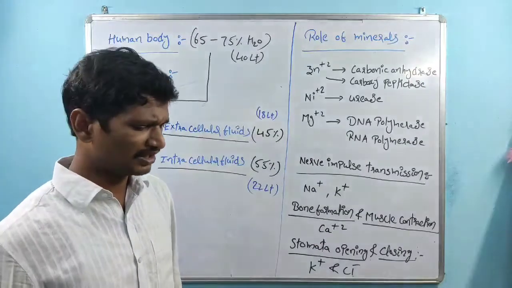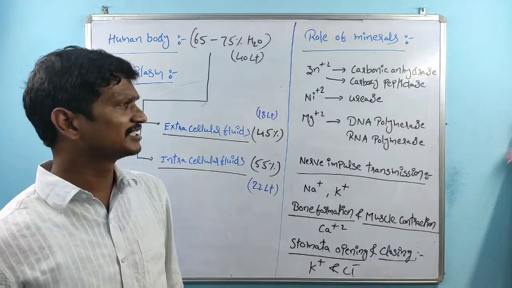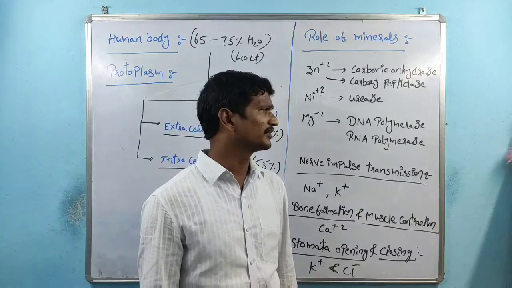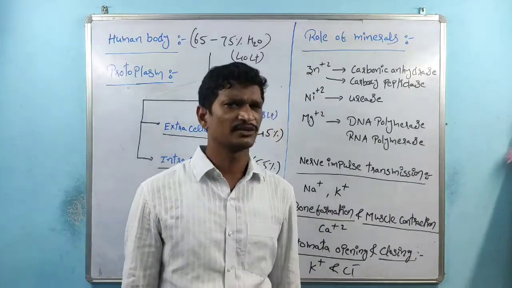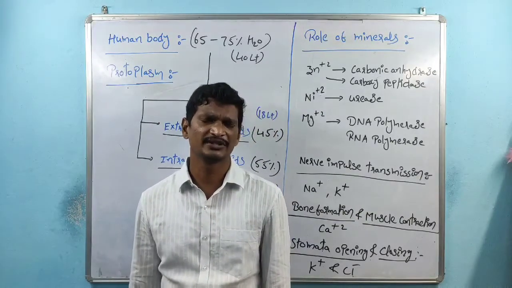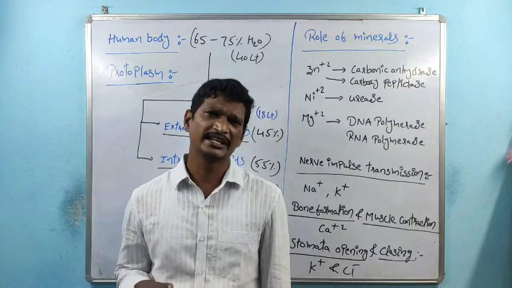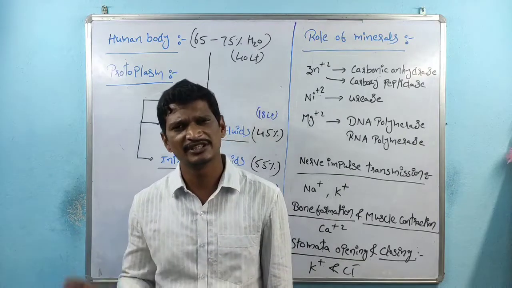Coming to the next one, as I already said, there are magnesium ions. The magnesium ions are important for the activation of DNA polymerase enzyme and RNA polymerase enzyme. Not only this, manganese is also required, and different types of minerals are involved in the activation of different types of enzymes. Enzymes activated by metal ions are called metal activated enzymes.